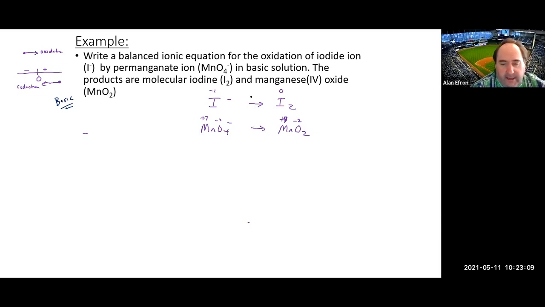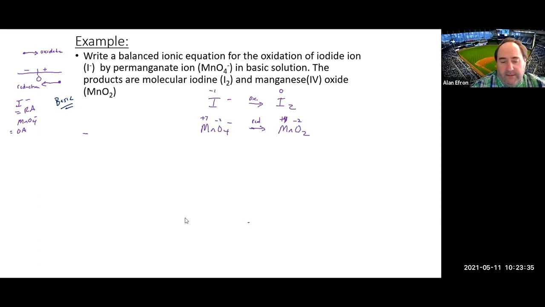And now we know this is our oxidation half reaction. This is our reduction half reaction. We also know in this particular case that the I- is our reducing agent, and the MnO4-, or really the Mn part of it, is our oxidizing agent. First off, any questions on those parts there?